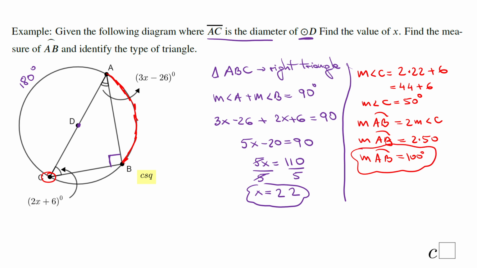And that was the second part in this interesting problem. And then we need to identify the type of triangle. Oh, I already said this is a right triangle. Is it another type of triangle? No, really, because angle C is 50 degrees. That means this is a 40. I was looking, maybe it was an isosceles right triangle, but that's not the case. So yeah, we did that. Triangle ABC is a right triangle. That's the last part in this problem.